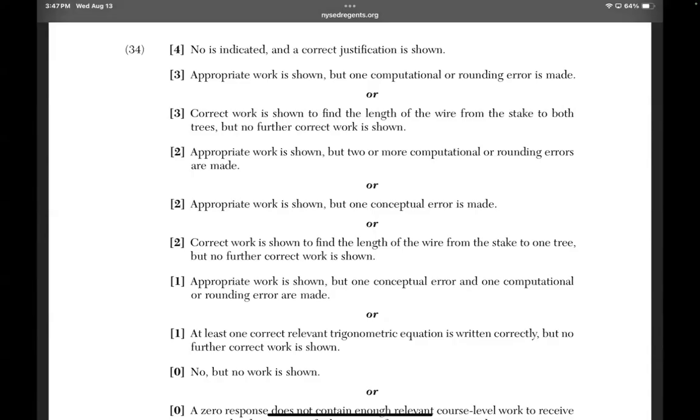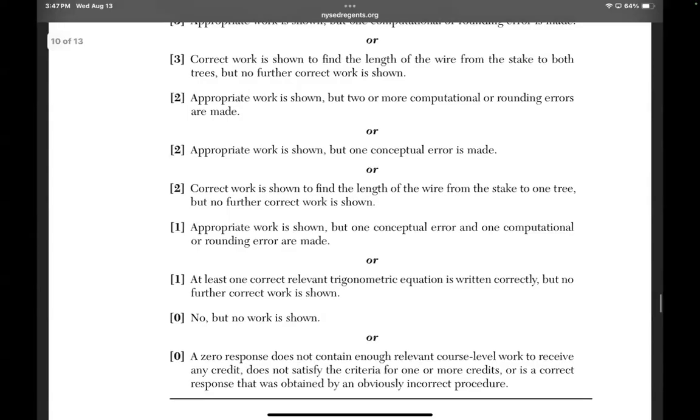So if you basically found the length of both wires needed, but didn't add up the total, you got 3 points. So if you just said no, you don't get any credit for that.